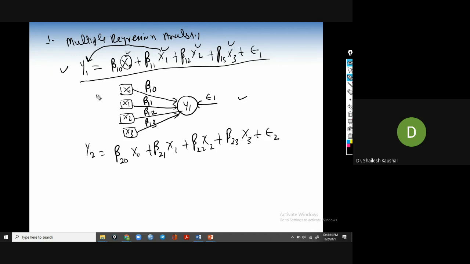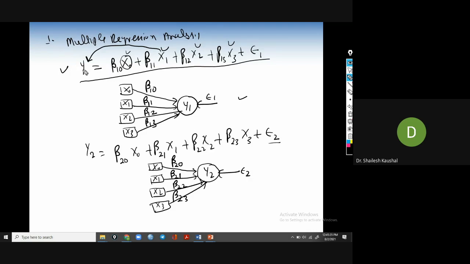Again I am writing this equation in the form of a path diagram. So it's y2, and there are four independent variables: x0, x1, x2 and x3. y2 is affected by x0, so beta 2 0. y2 affected by x1, so beta 2 1, and y2 affected by x2, beta 2 2, and y2 affected by x3, beta 2 3, and this is our error term epsilon.